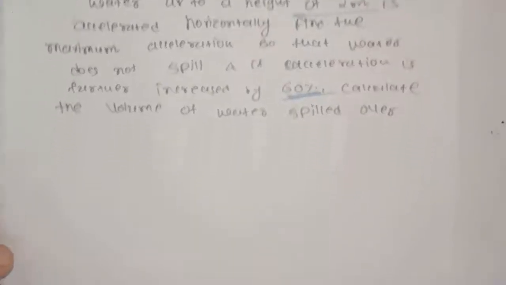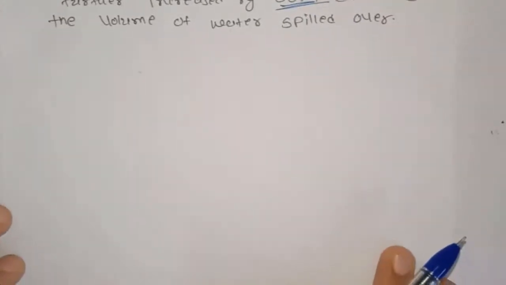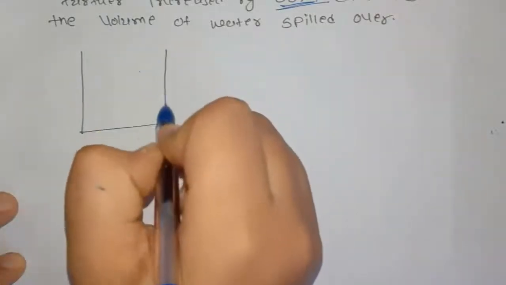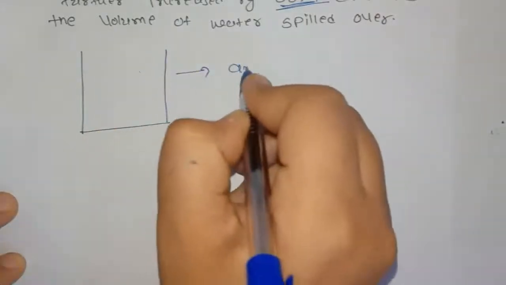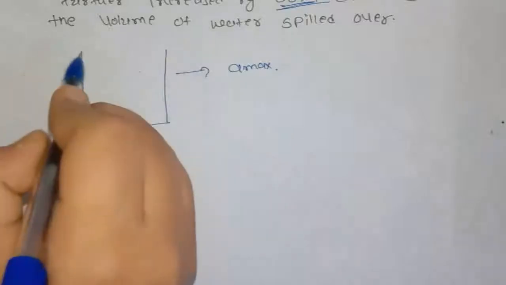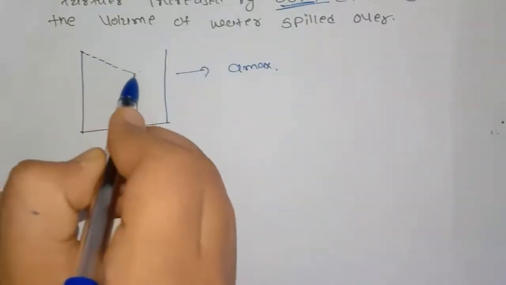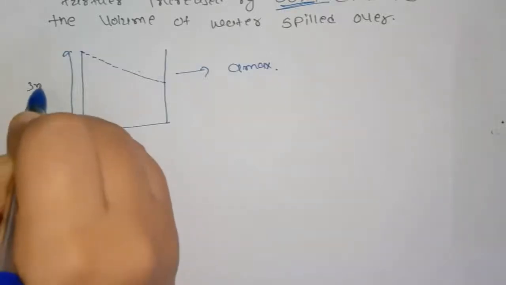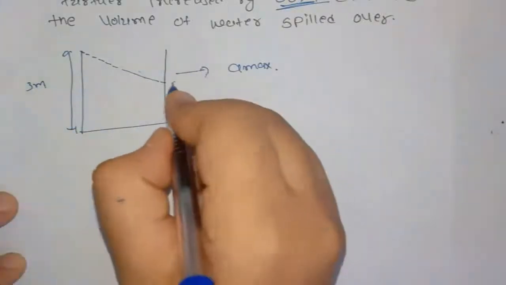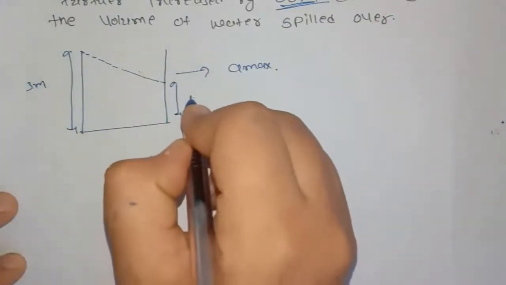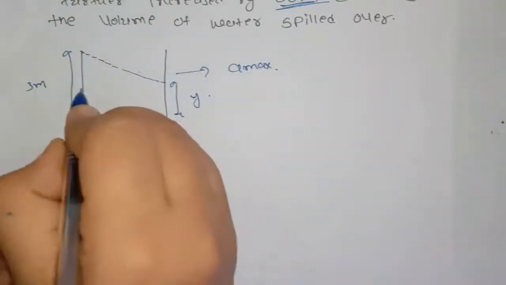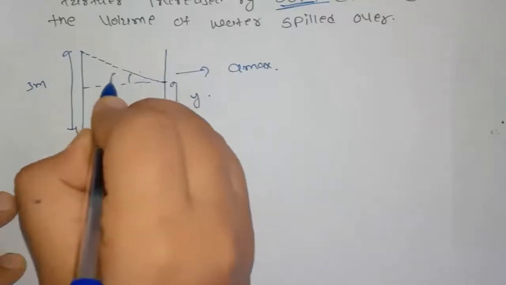First, let us calculate the maximum acceleration. Let's say it is moved with a max, then this maximum height should be equal to 3. This is y and this base is 4. Let's say this angle is theta.